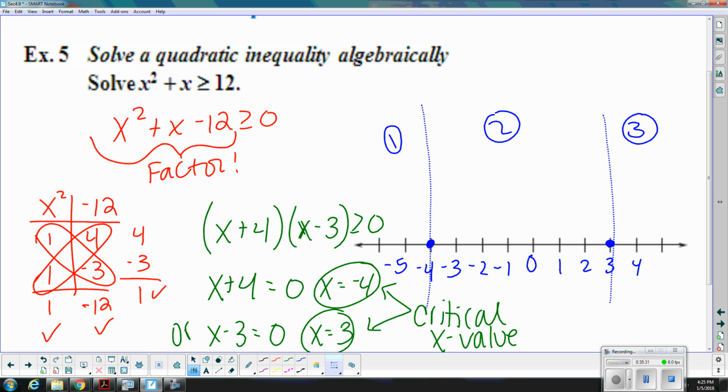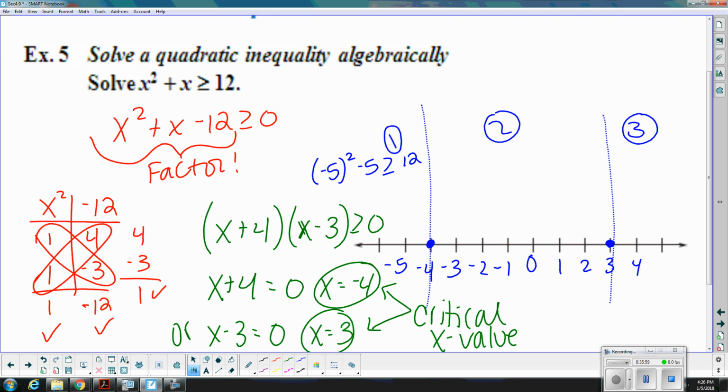So let's pick -5. Plug in -5 for x. So we get -5 squared minus 5 minus 12. Is that greater than or equal to 0? Well, actually, I usually plug it into the original inequality. So -5 squared minus 5, is that greater than or equal to 12?